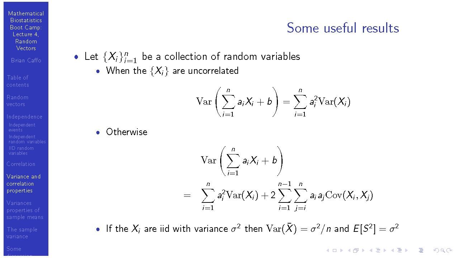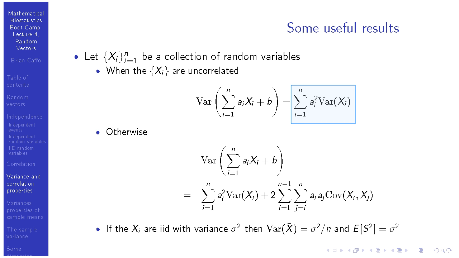So let's talk about some useful results that rely on correlation and covariances. And probably the most useful one we'll talk about is this variance idea. If we have a collection of random variables, x1 to xn, and the x's are uncorrelated, then the variance of the sum of the x's, maybe times some constants ai, plus a constant b, works out to be the sum of ai squared times the variance of the individual x's.